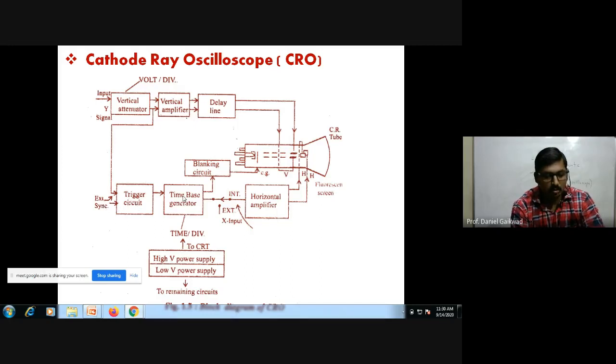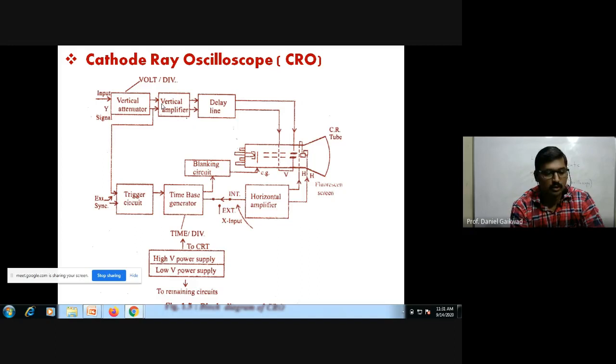Then we have the time base, and the time base goes to the blanking circuit as well as to the horizontal amplifier, and that will be connected to the horizontal deflecting plates, H here. So these two plates are the horizontal deflecting plates, and before that we have the vertical deflection plates.